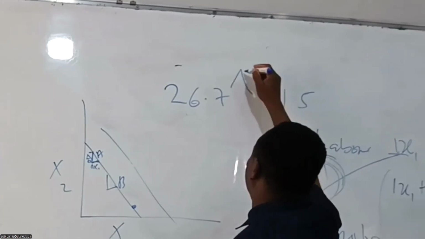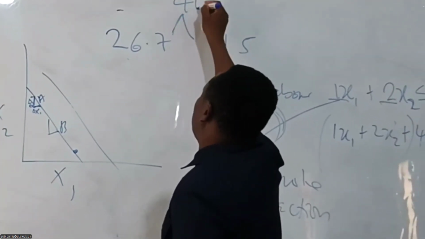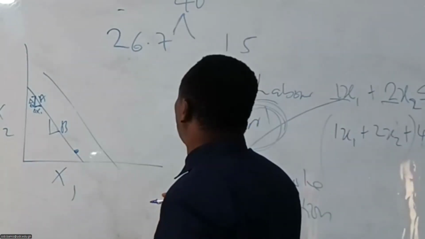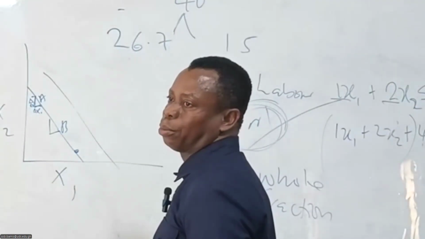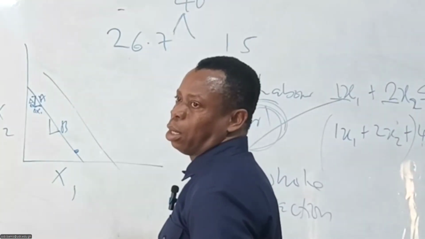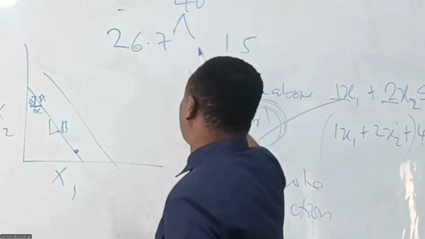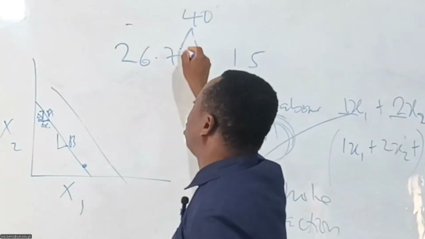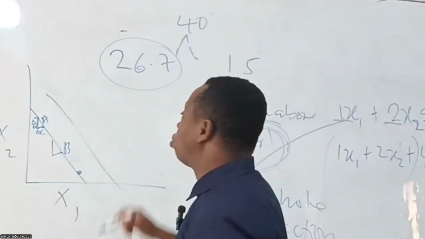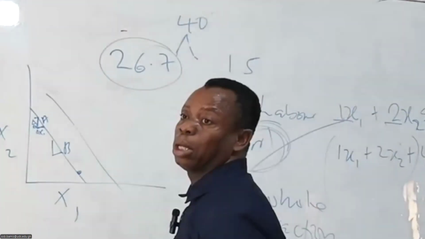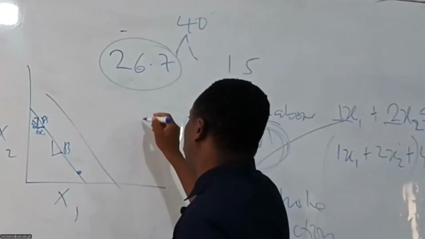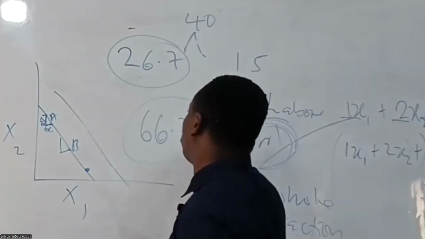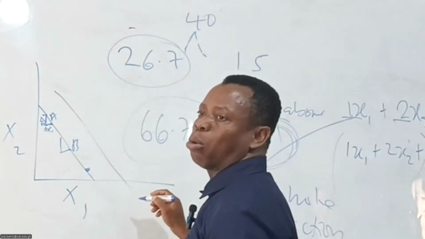Meanwhile, the profit itself is what? 40, not so. So, what will be the upper boundary? What is the maximum increase that is allowed for the objective function? Is the 26. So you add the 26 to the 40, you get what? 66.7. So this is the upper boundary, or call it the upper bound.